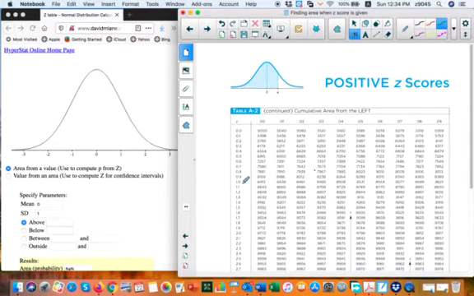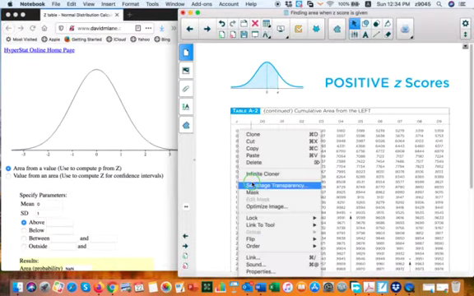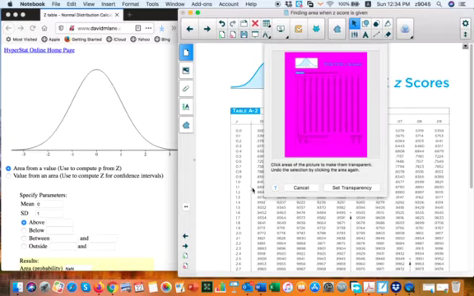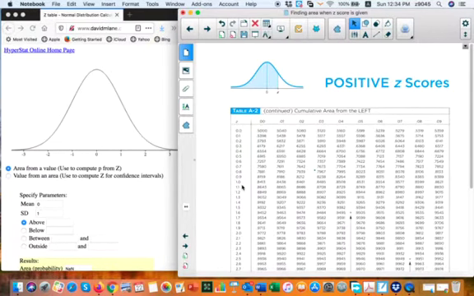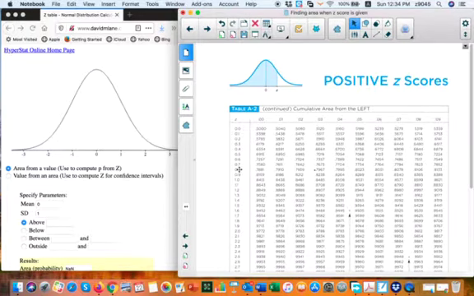I'm going to look for 1.0. This line represents 1.0, and then I'm going to go to the column of 4.